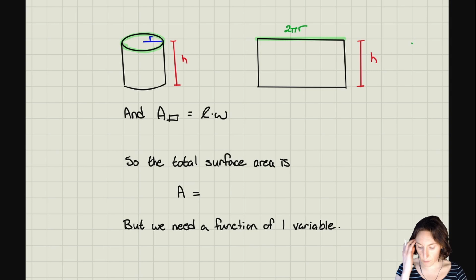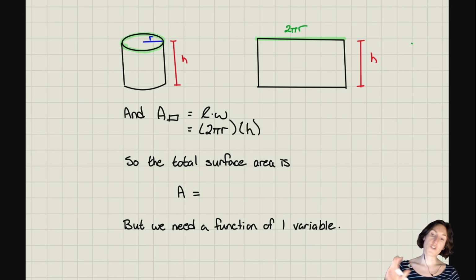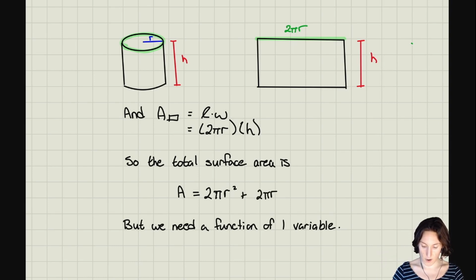Okay, now the length we said was the 2 pi r, corresponding to the circumference, and the width in our case corresponds to the actual height of the pill bottle. So the surface area of the entire thing, we're going to have two circles, so I have pi r squared, but I have two of them, and then I have the side of the pill bottle, where that area is going to be 2 pi r, which corresponds to the circumference, and then I have my h.